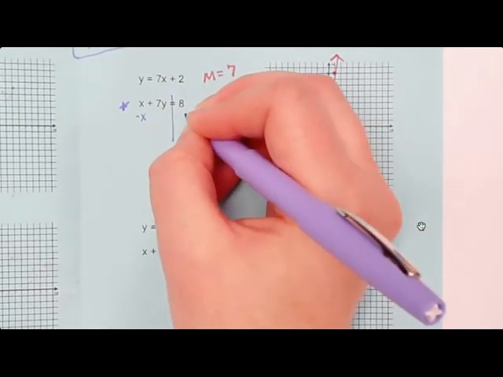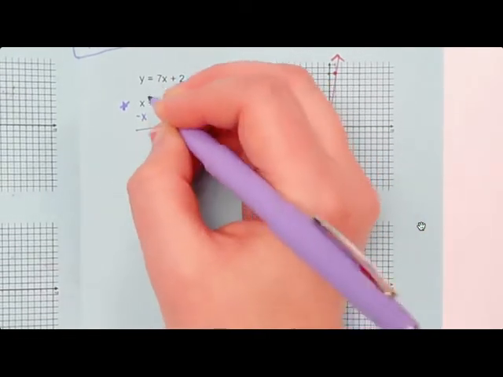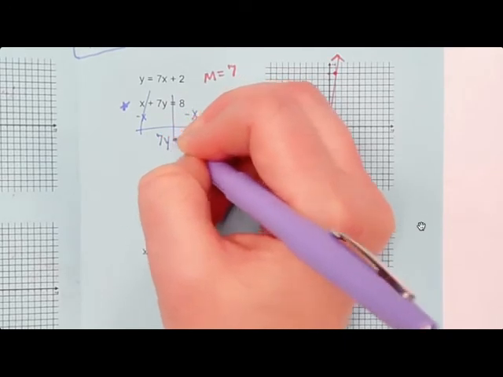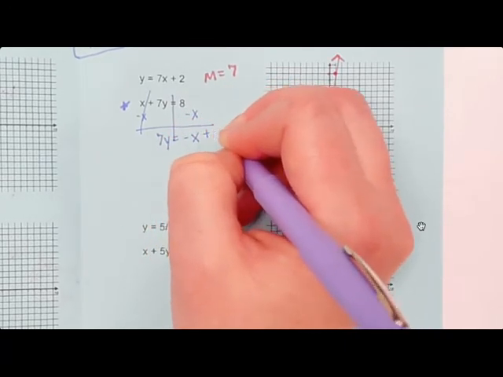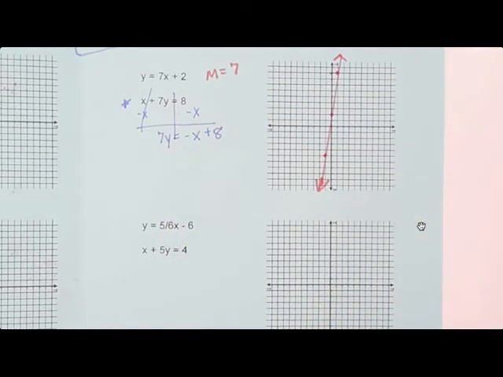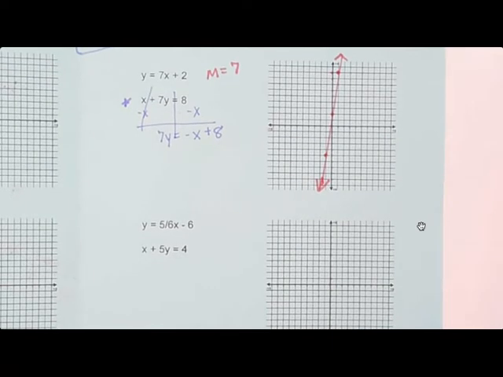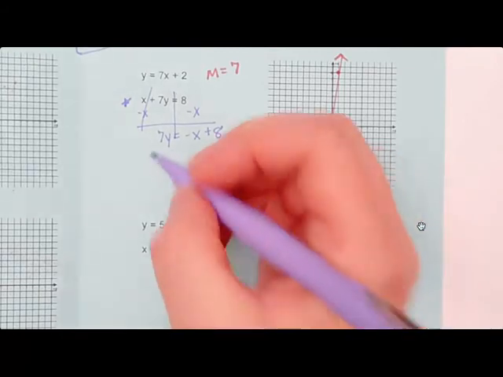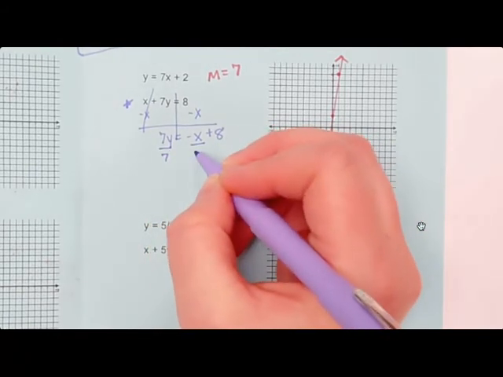So minus x. 7y equals negative x plus 8. I still need to get y by itself. Divide by 7.